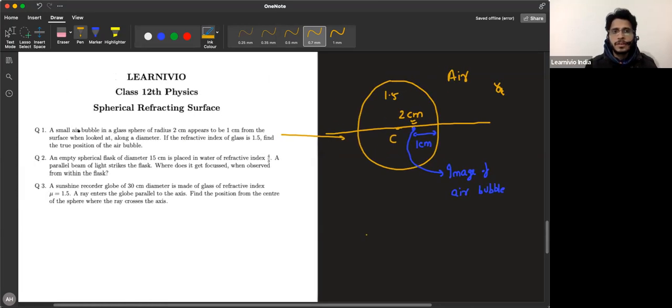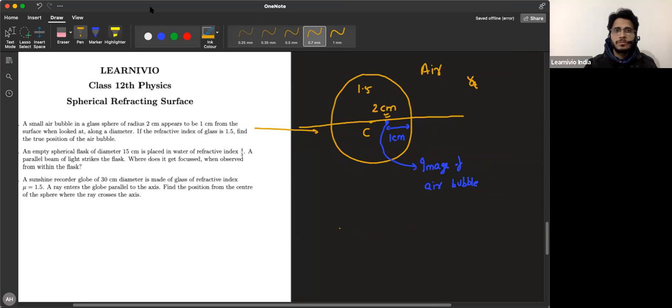It's saying a small air bubble in a glass sphere of radius 2 centimeter appears to be 1 centimeter from the surface. So the bubble is somewhere inside, which is not given. Maybe the bubble may be here. This will be the object. It's not given at what distance this bubble is, but the thing which is given is the image is at 1 centimeter from the surface. So we need to find U.